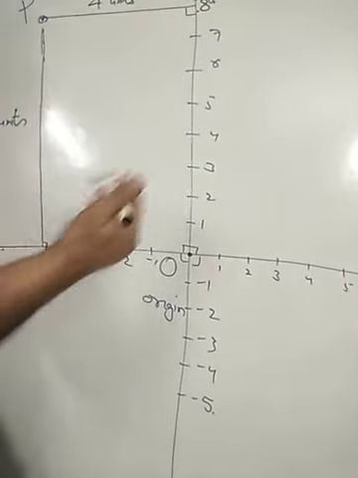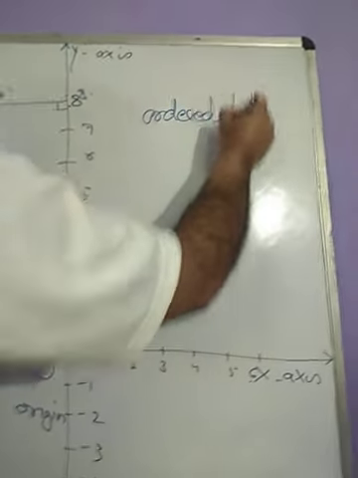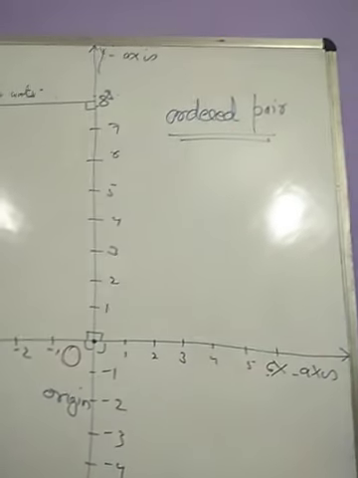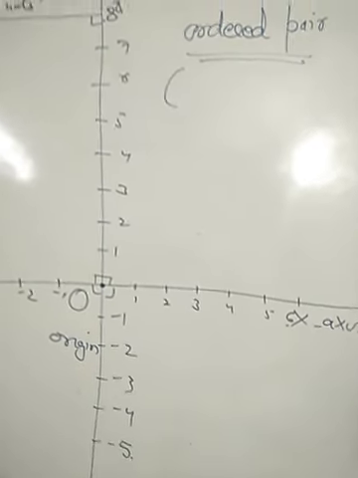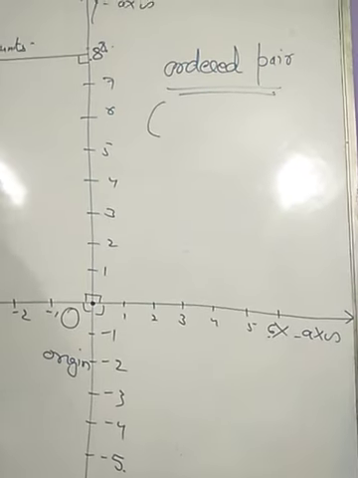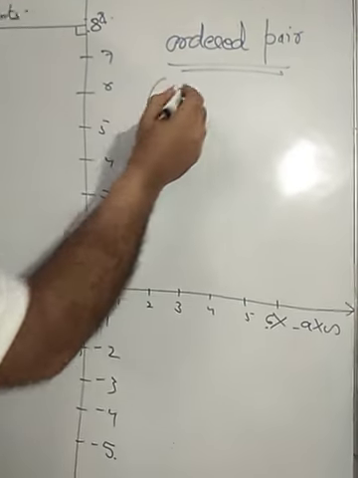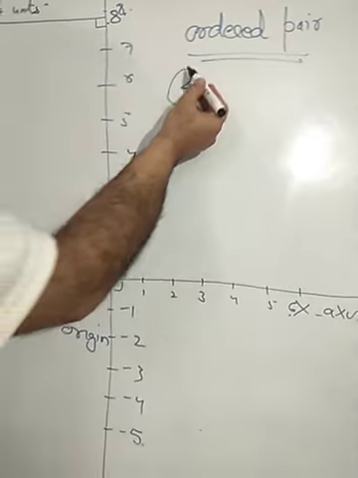How is it represented? It is represented as an ordered pair. What is an ordered pair? Firstly, we write the distance from the y-axis, which is 4. Then comma, in a bracket. Which bracket will we use?